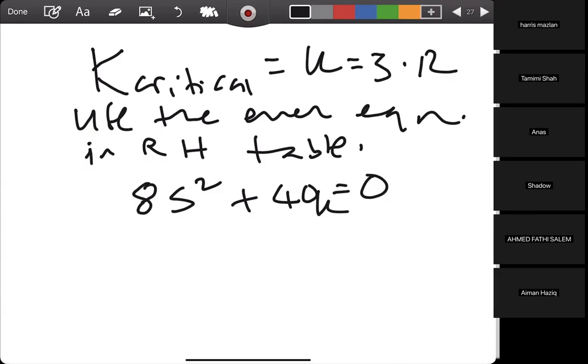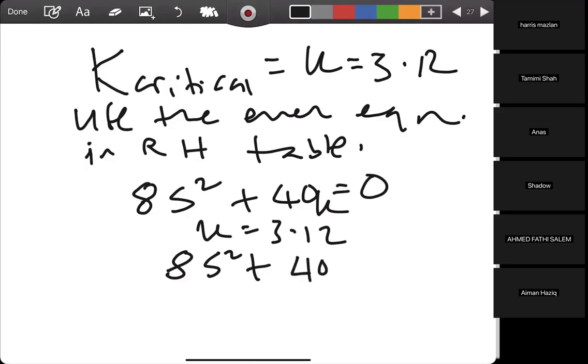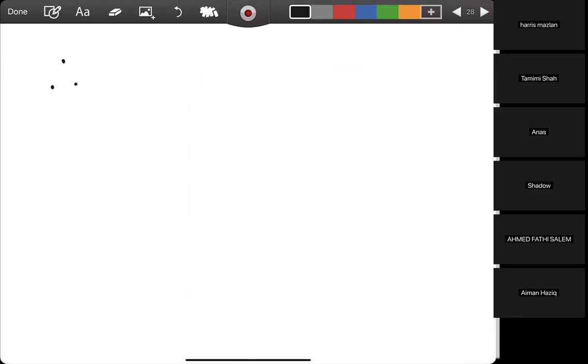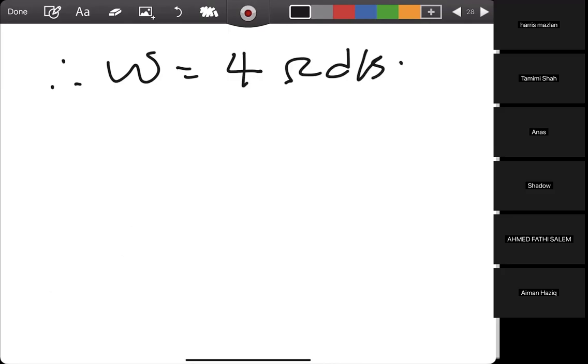Okay, K is 3.12, so 8S squared plus 40 multiplied by 3.12. So S will be plus minus j4, plus minus j omega. That's why omega is equal to 4 radian per second.